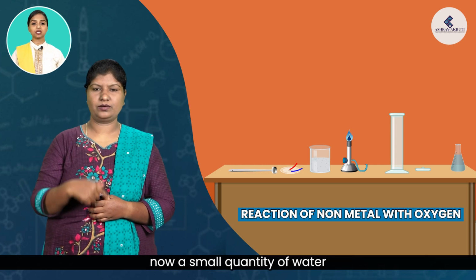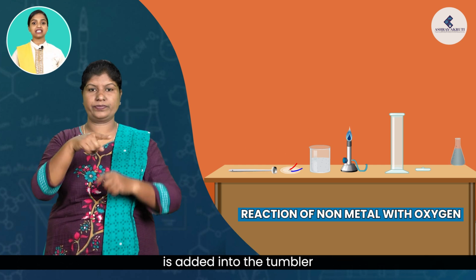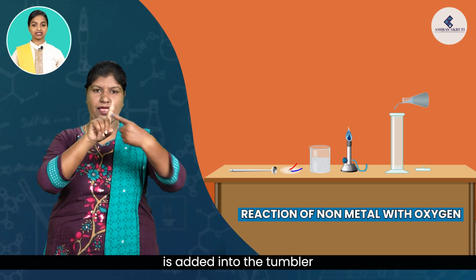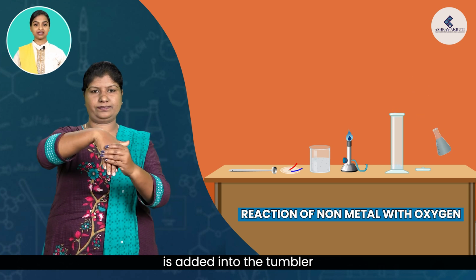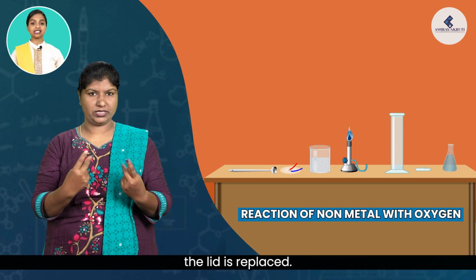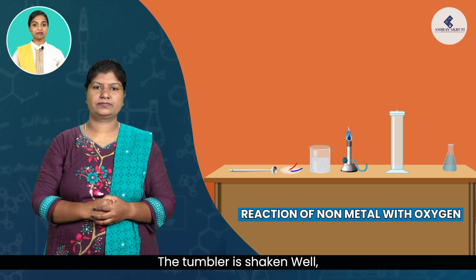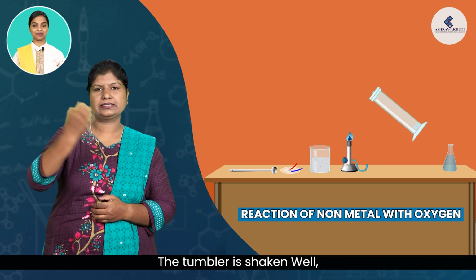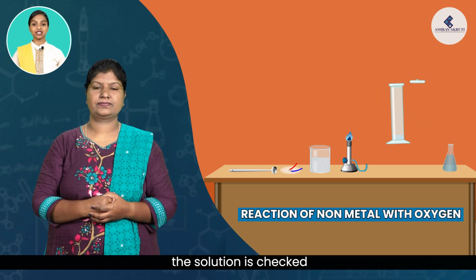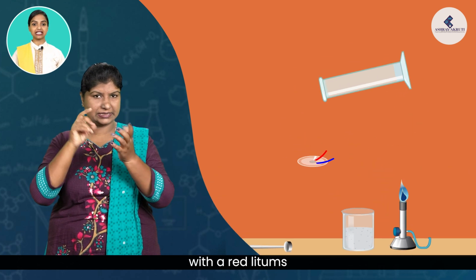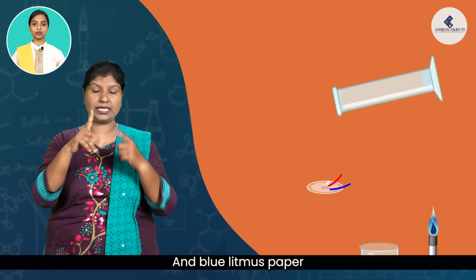Now, a small quantity of water is added into the tumbler and quickly the lid is replaced. The tumbler is shaken well. The solution is checked with red litmus and blue litmus paper.